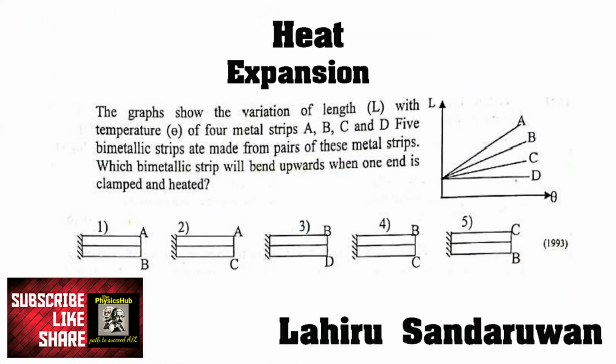The graph shows the variation of length L with temperature theta of 4 metal strips A, B, C, D. Five bimetallic strips are made from pairs of these metal strips. Which bimetallic strip will be bent upwards when one end is clamped and heated?